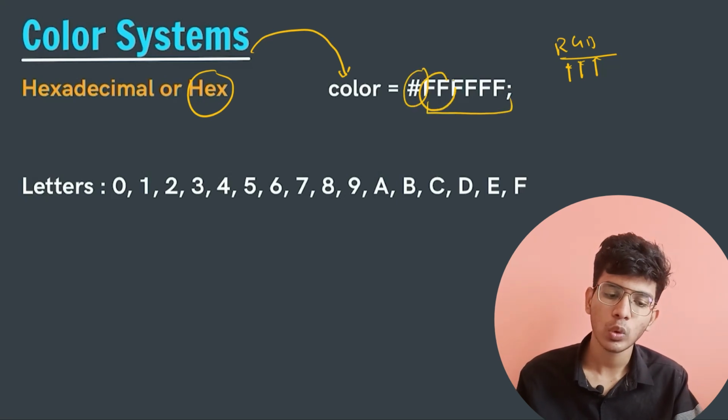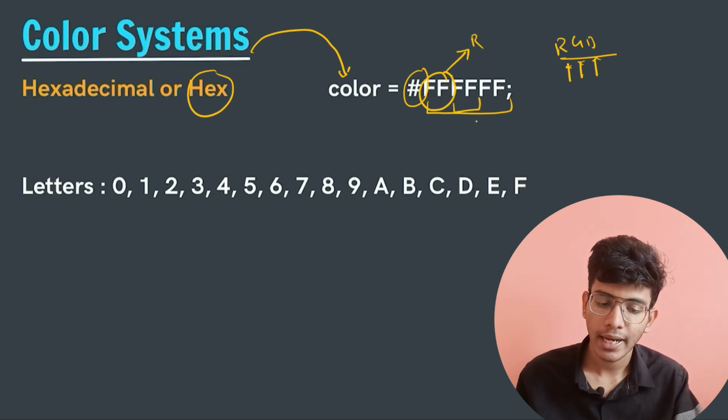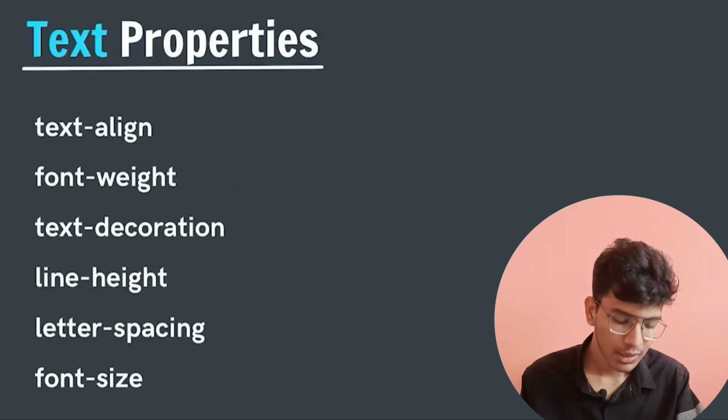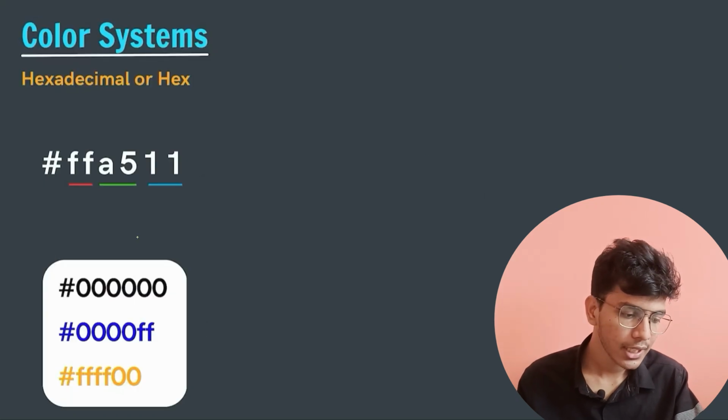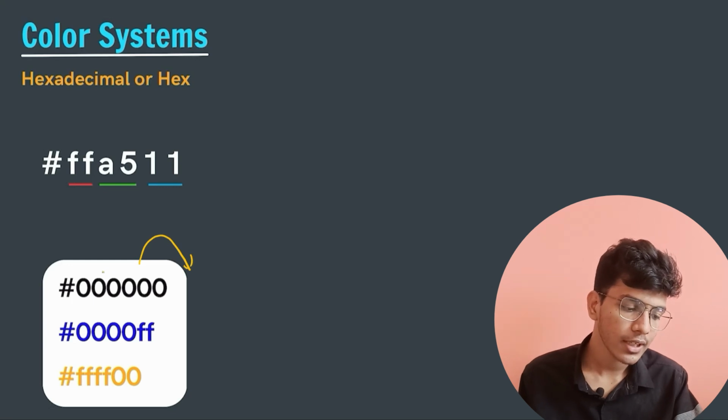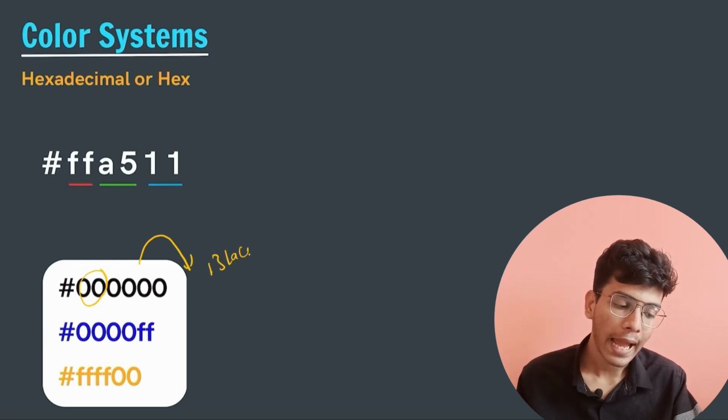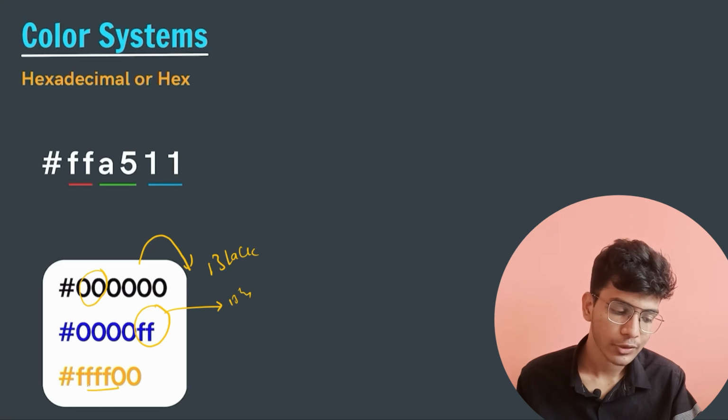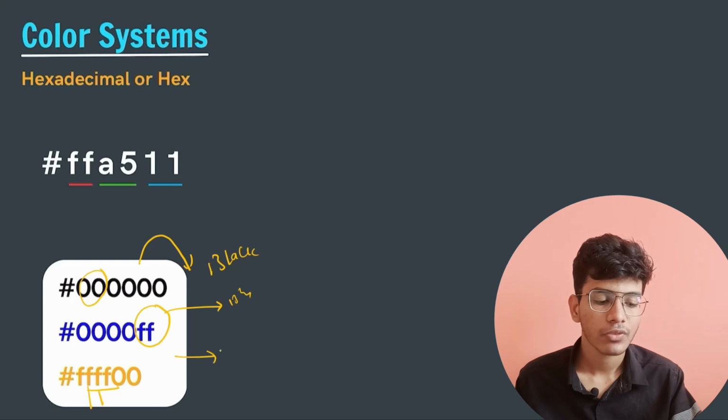The first 2 characters represent the red color, the second 2 characters represent green color, and the next 2 characters represent the blue color. Here you can see that if all the things are 0 0 0, the resultant color will be black. Now if the last 2 are FF, then this is blue color. If the first 2 colors, which are red and green, are full, then this will give you yellow.